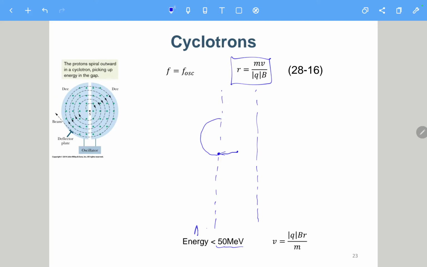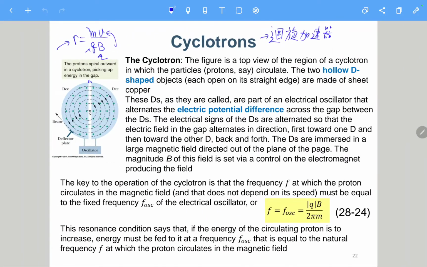At this moment, we should change the potential difference: this side higher and this side lower. In that case, it will generate an E field pointing to the right side, or maybe the other way around, depending on whether it is a positive or negative charge. Suppose it is, I'm not sure whether it is an electron or a proton.